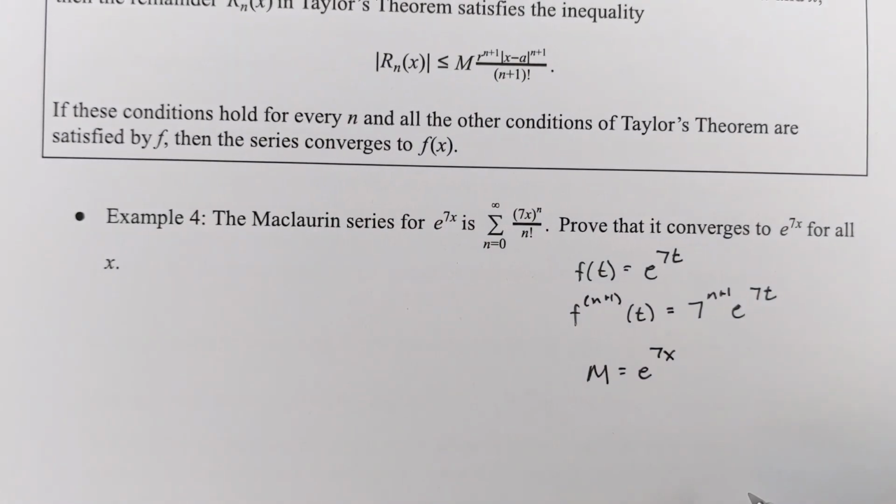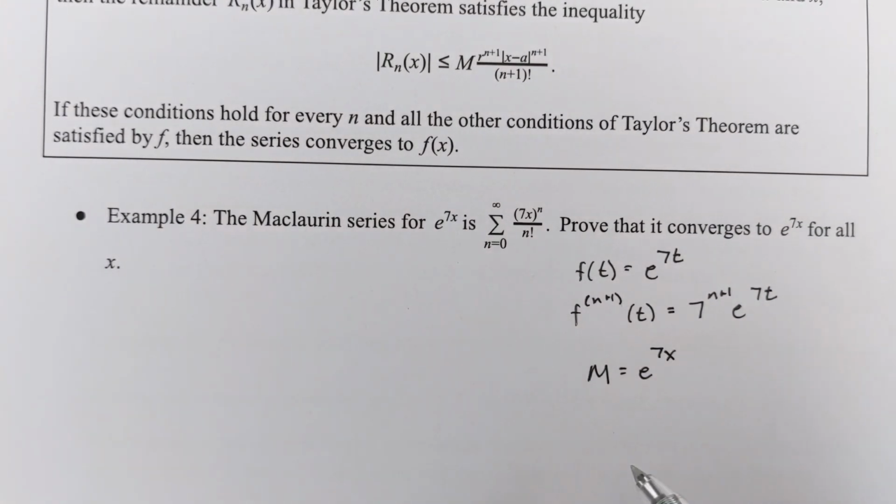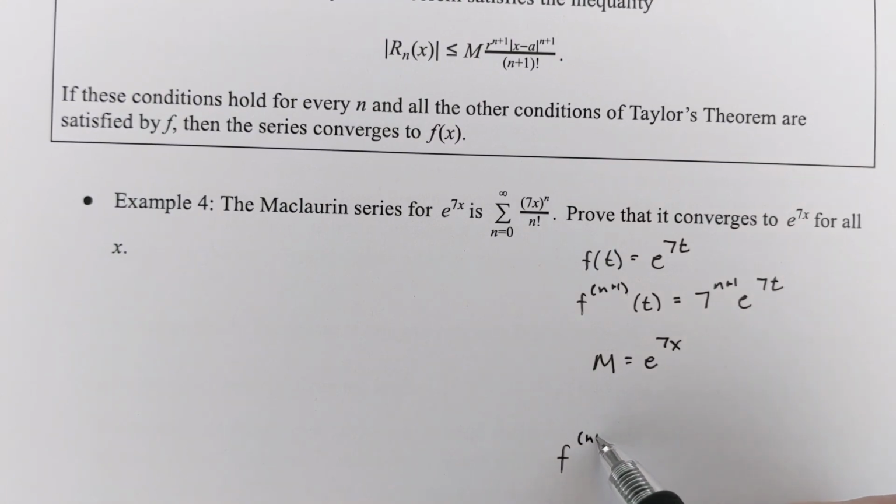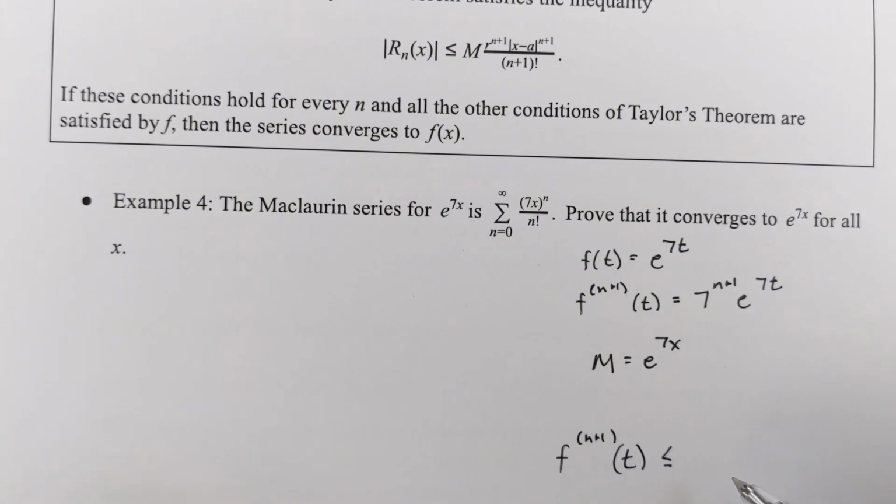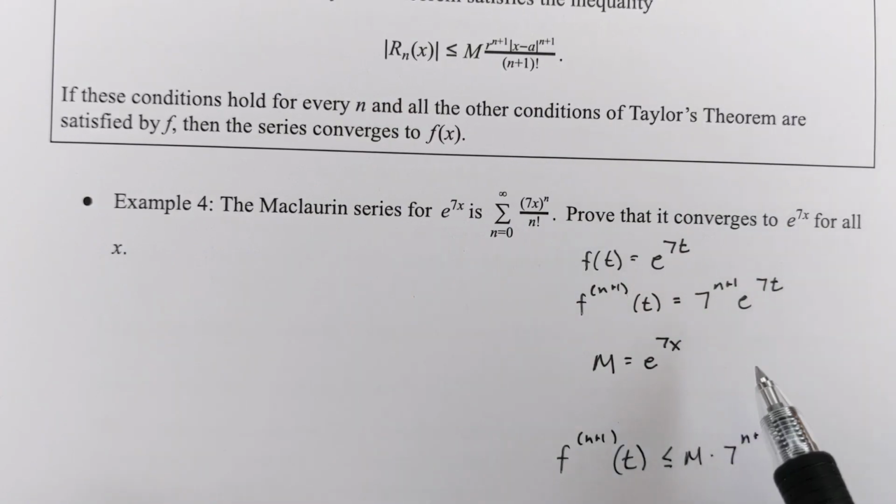So what I can then say is that the n plus 1th derivative of f at t is less than or equal to M times 7 to the n plus 1, because that's the ratio between terms.